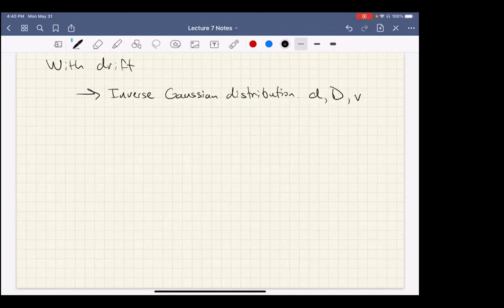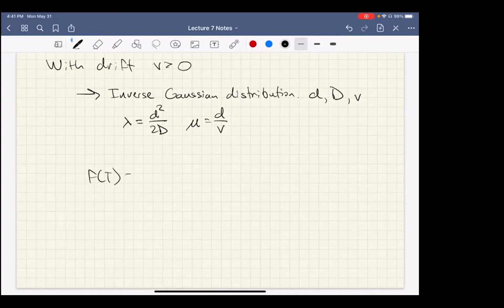But we're going to form them into two compound parameters called lambda, which is d squared over 2D, much similar to the scale parameter we had in the Levy distribution, and mu, which is d over v. And then we have the inverse Gaussian distribution. Sorry, I should point this out: with drift v greater than 0, so positive drift from the transmitter to the receiver.